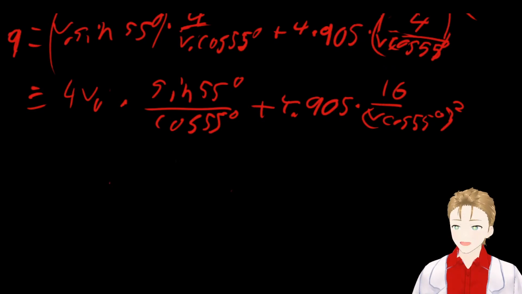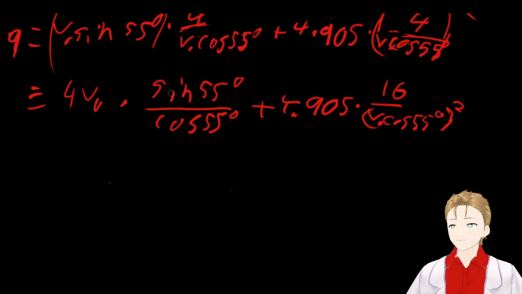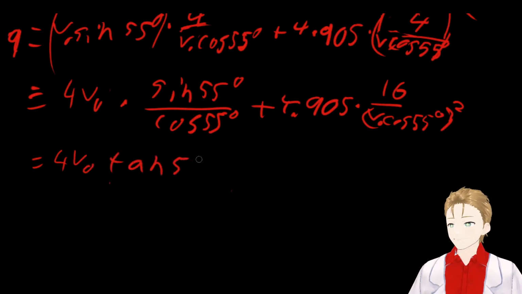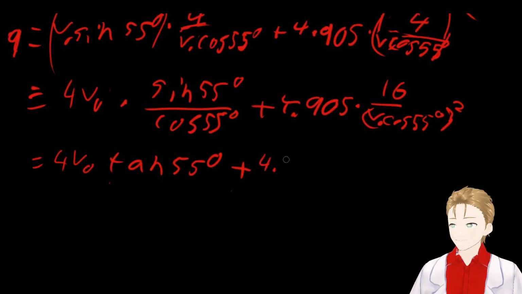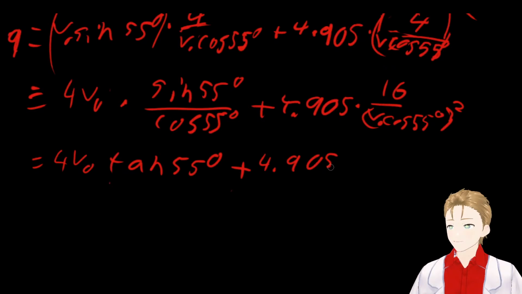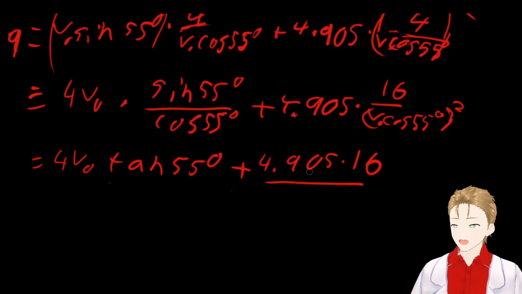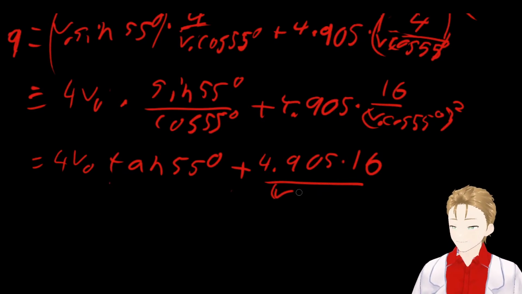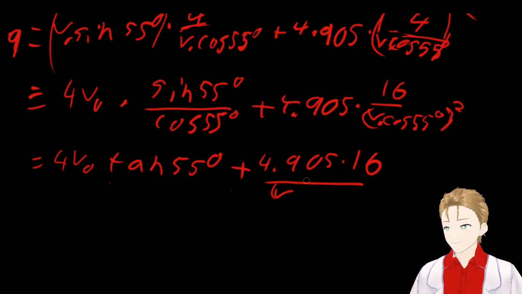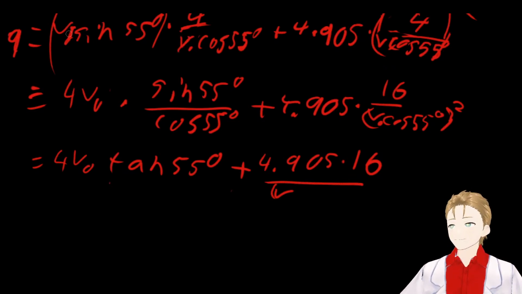Oh yeah, that's a no initial, by the way. This tangent. This is V0 tangent of 55 degrees plus 4.905 or 16 all over V. But didn't those guys cancel, by the way?